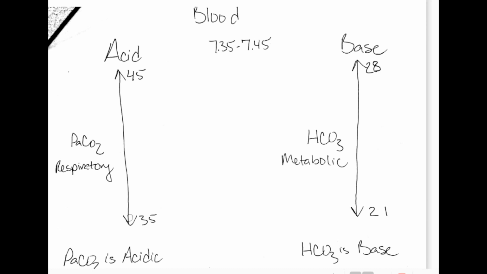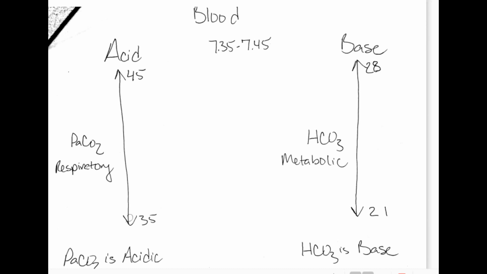The higher the pH, the more alkaline. And as you can see, I have base or alkaline to the right, so I think of that as right. It's a shift to the right. And acid, below 7.35, is going to be a shift to the left. That is my mental breakdown of pH.